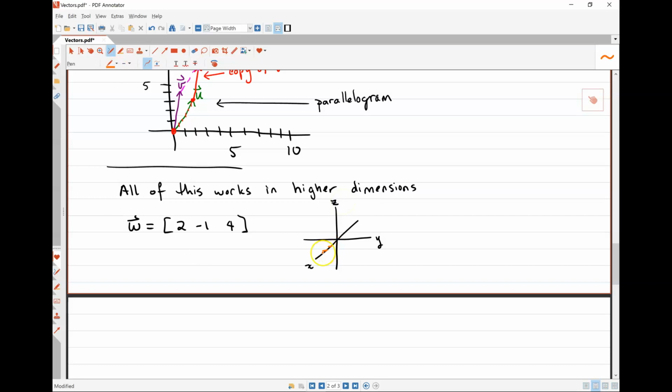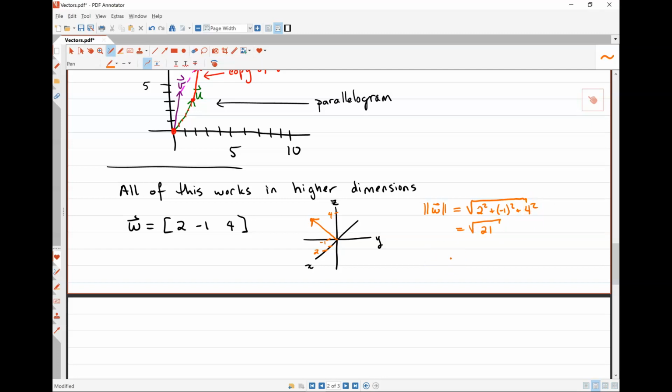So this says come out 2 units, go -1 in the y direction, and then go up 4. We're going to end up with an arrow that points right about there. And the magnitude of this vector w, we can use that same distance formula that in 2 dimensions we call the Pythagorean theorem, to compute the magnitude of w. This is going to be 2 squared plus (-1) squared plus 4 squared.